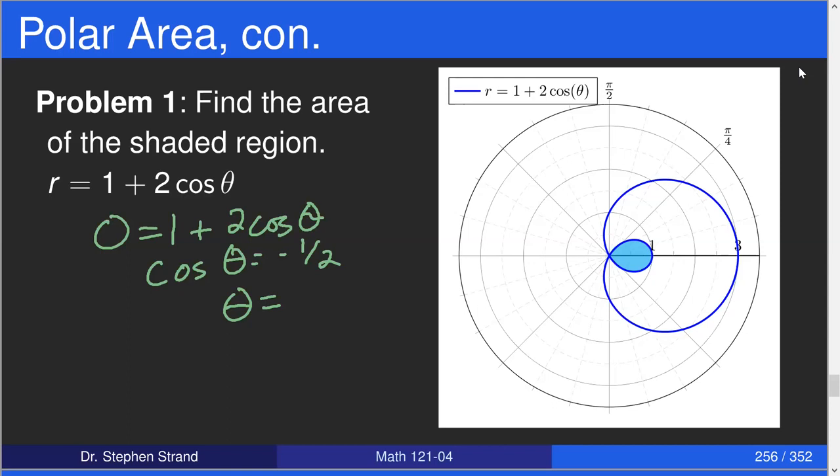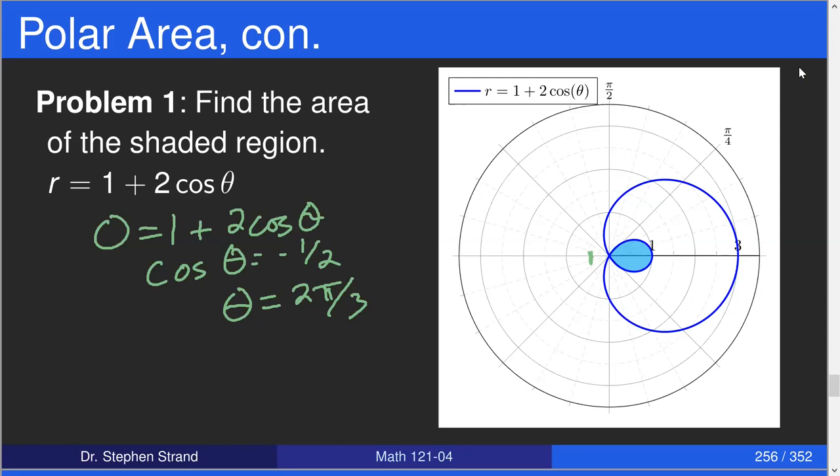So -1/2 is over here, and sorry, that's not to scale. -1/2 on this scale is actually like right here. So let's see, cosine at -1/2 is going to be at 2 pi over 3.